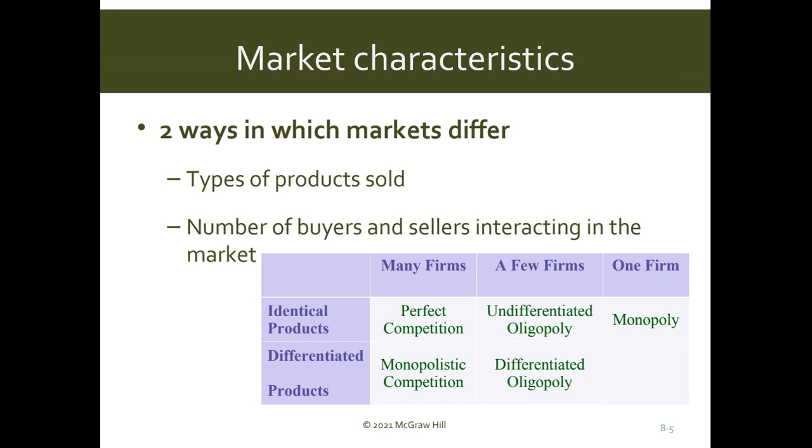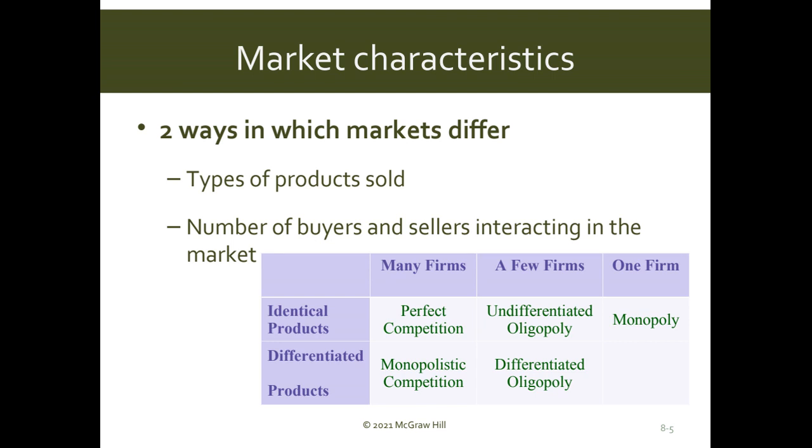Okay. Now see, suppose the product is identical, that is, there's no difference. So there are a large number of firms in that industry. Let me give you an example.